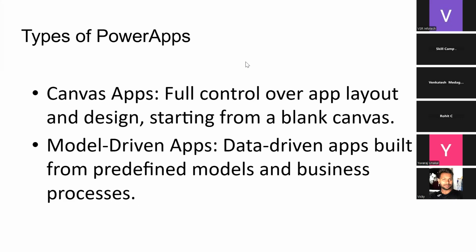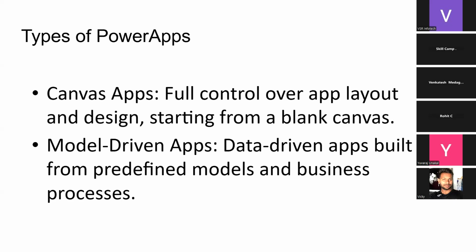Okay. So there are basically two types of Power Apps. One is Canvas apps, one is model-driven apps. In Canvas apps, you have full control over app layout and design, starting from a blank canvas. Like I told you earlier, you have predefined templates, right? That won't work for Canvas apps.